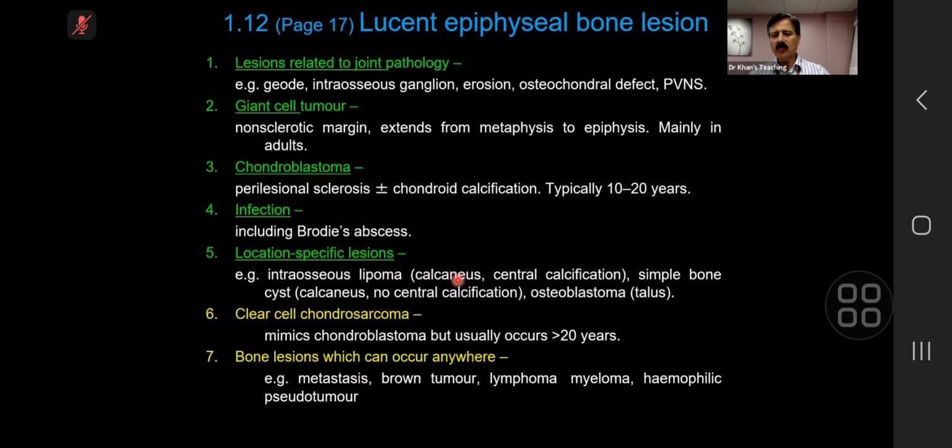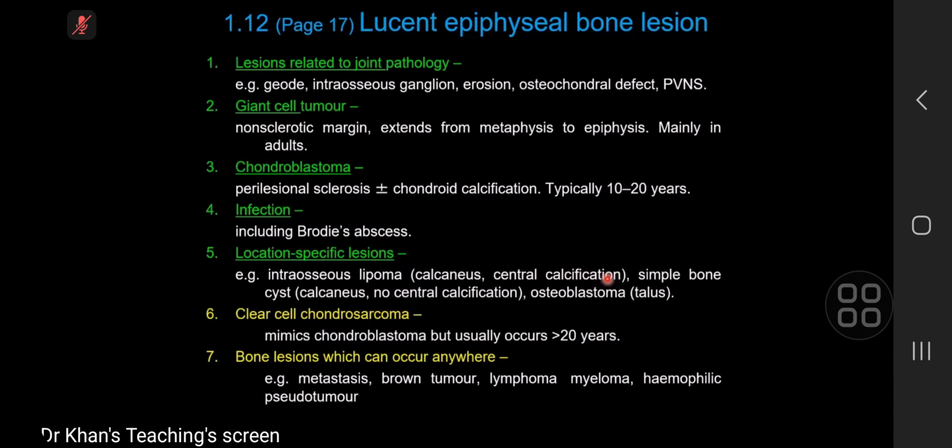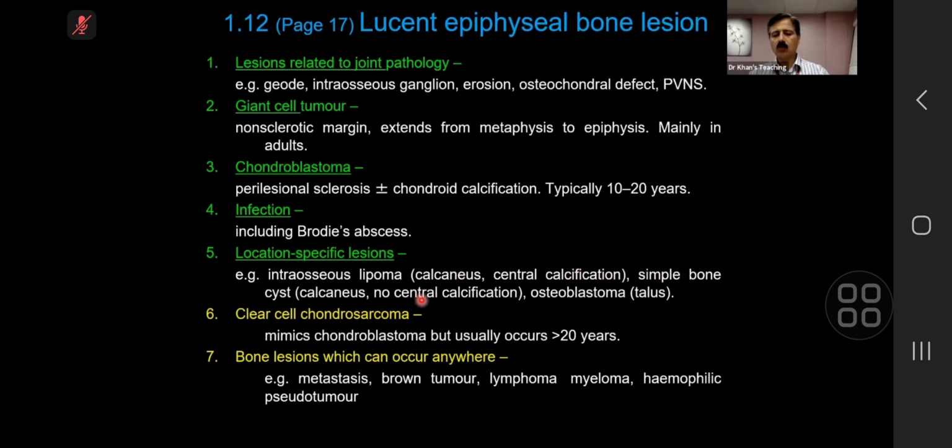Calcaneum. So this is an exam case, and I'll show you today. And in that, there is central calcification. On the other hand, a simple bone cyst can also happen in calcaneum, and there is no central calcification. Look at the discriminator. Osteoblastoma, classical location talus. So at times osteoblastoma can occur in talus also. I've not shown you till now. I'll show you in the next chapter.